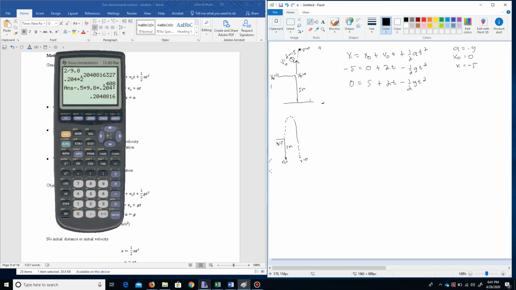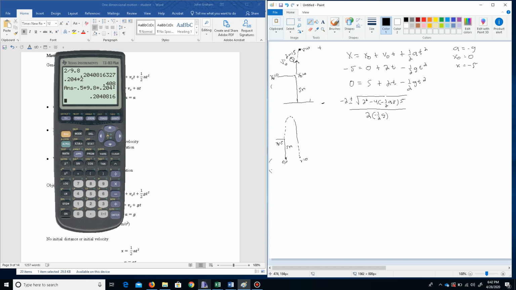And then I can solve this using the quadratic equation, which will be -2 plus or minus the square root of 2 squared minus 4 times -1/2 times 9.8 times 5, all over 2 times -1/2 g. Well, I'm sorry, not the t squared.